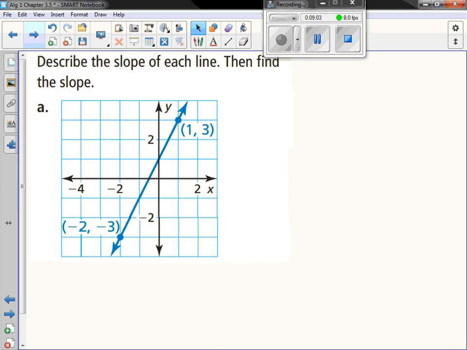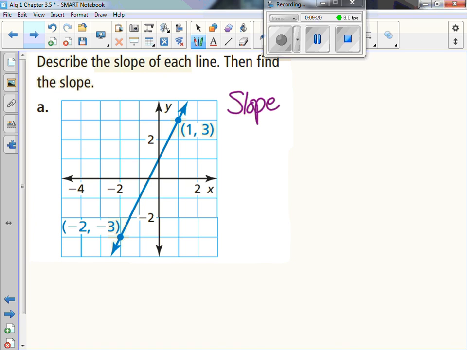So let's look at this next one here. First we want to describe the slope and then we want to find out what it is. As the line goes from left to right, how would we describe the slope? Is it going to be positive, negative, or sometimes we could have 0? It would be positive because the line is going up.